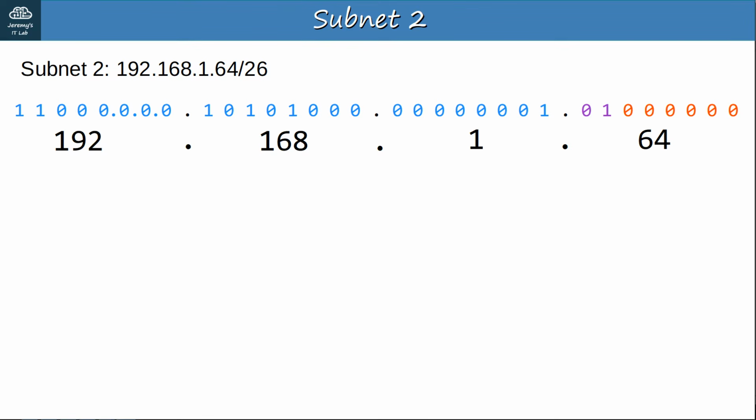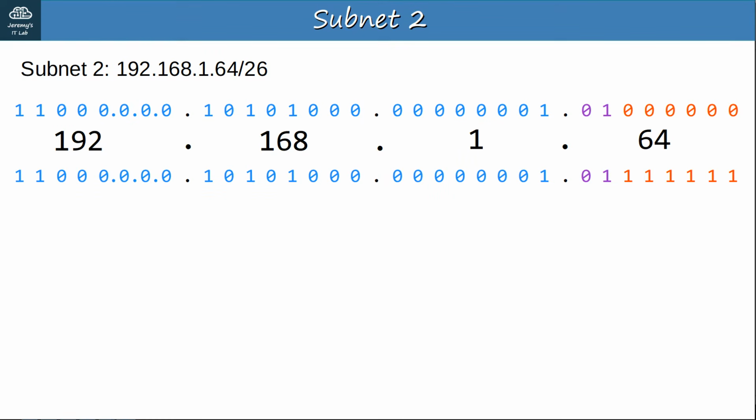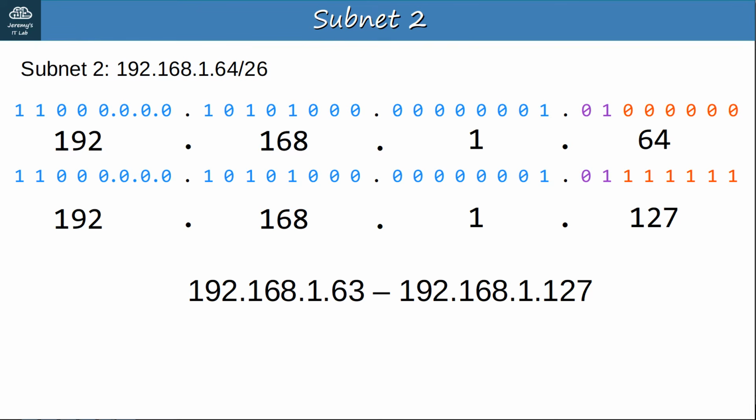Notice that we changed one of the bits we borrowed from the host portion to a 1. So, the network address is now 192.168.1.64, with all of the host bits set to 0. Now let's find the broadcast address. Change all of the host bits to 1, and now let's convert it to dotted decimal. So, the broadcast address is 192.168.1.127. So that's the range for subnet 2.